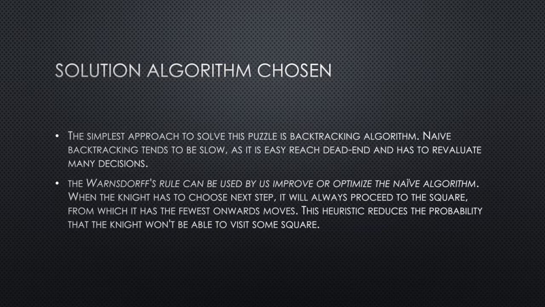When the knight chooses the next step, it will always proceed to the square from which it has the fewest onward moves. This heuristic reduces the probability that the knight won't be able to visit some square.